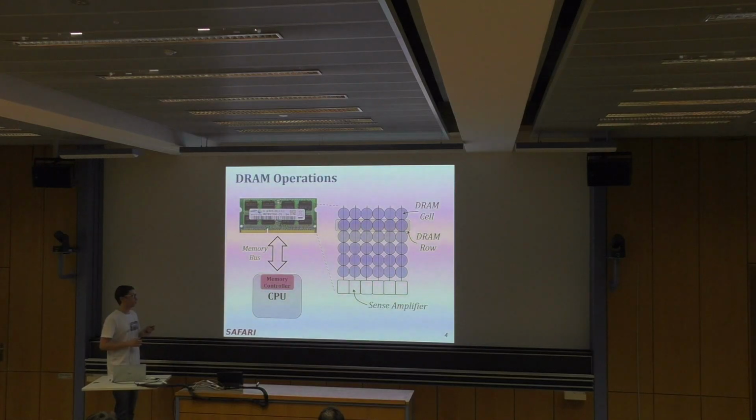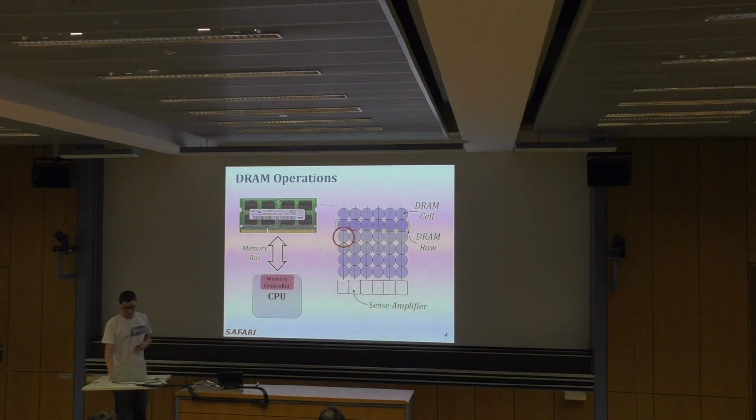A subarray is a structure that has multiple, actually hundreds of, DRAM rows. A DRAM row is made of thousands of DRAM cells. Vertically, those rows of cells are connected to sense amplifiers, and the sense amplifier is a structure that can read and write to a cell.